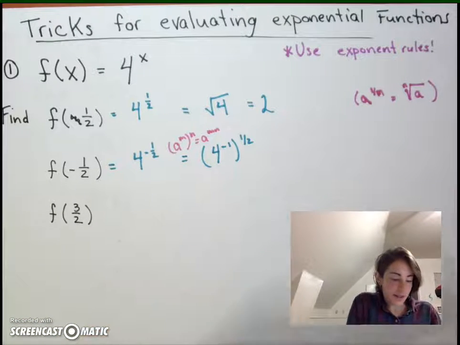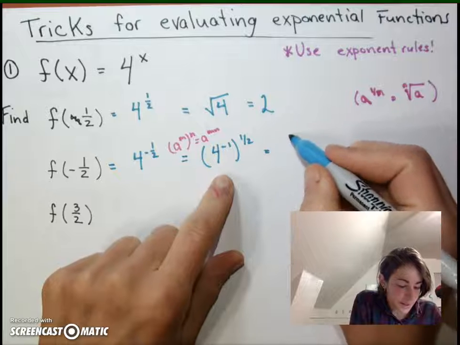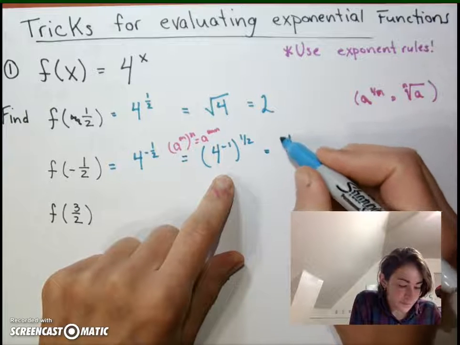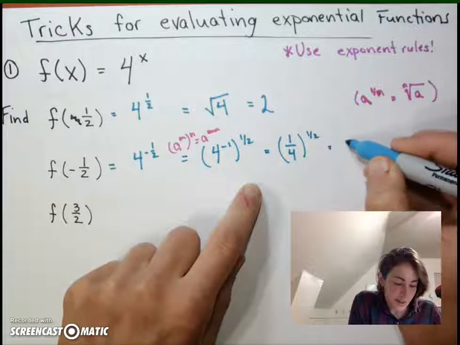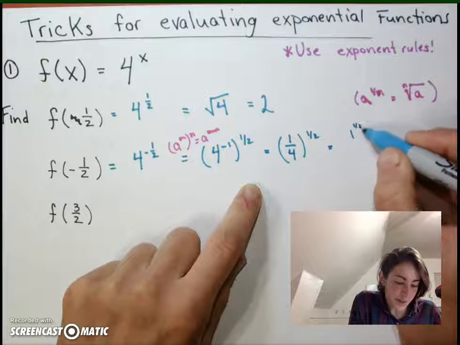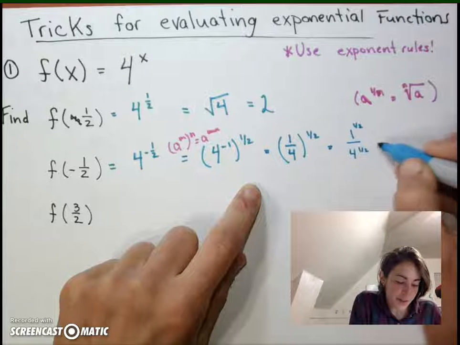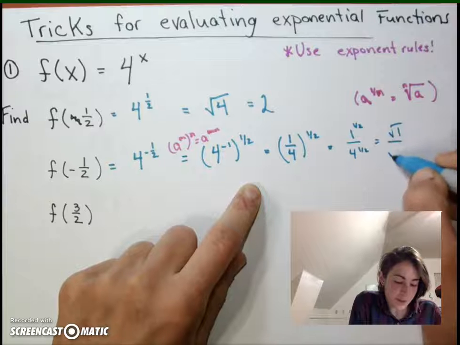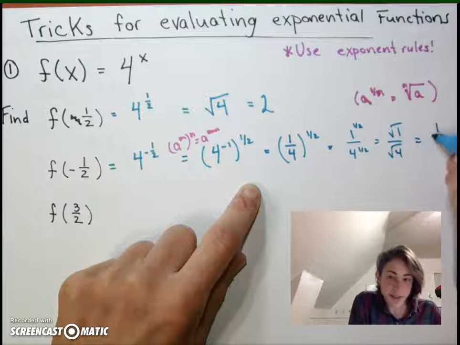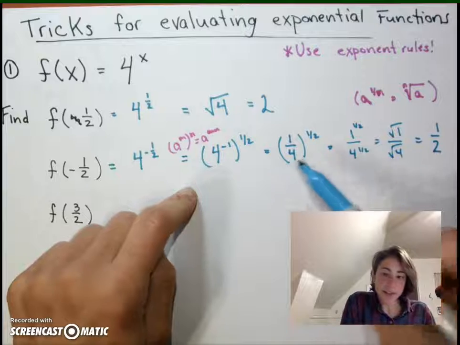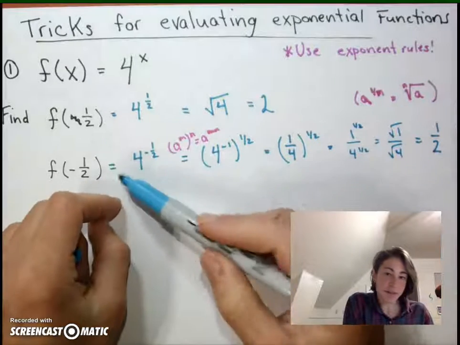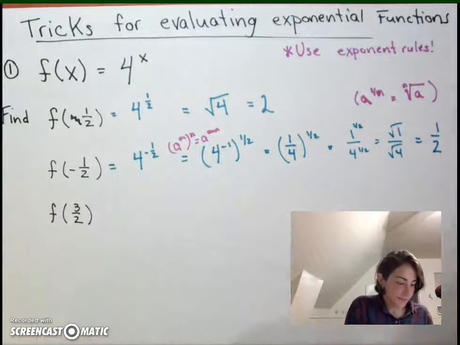And 4 to the -1, this is 1 over 4 raised to the 1/2. And that will give us 1 to the 1/2 over 4 to the 1/2, or square root 1 over square root 4. That's just a half. So I'm using the rules of exponents to simplify this expression, which I'm supposed to evaluate.